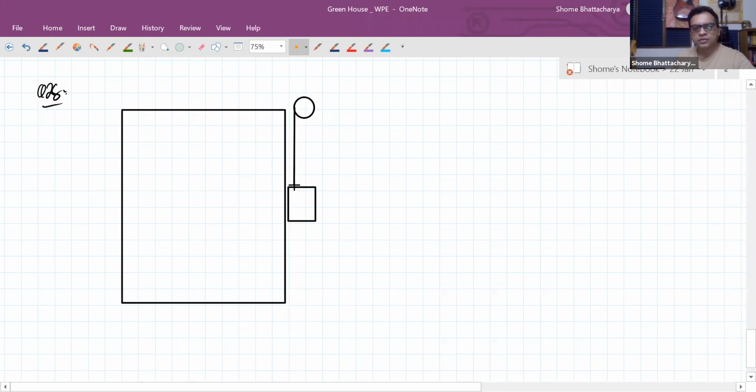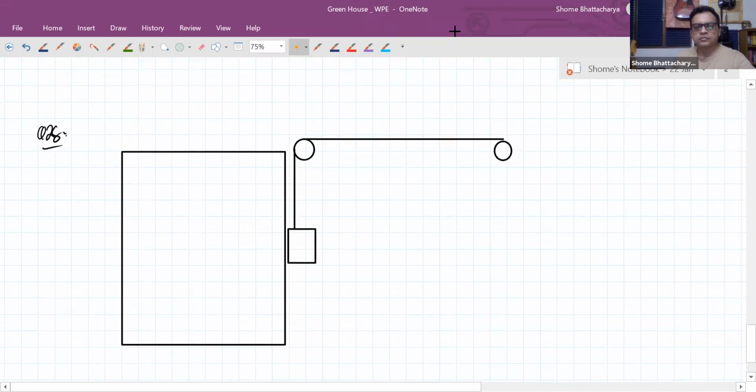So we have this entire system of pulleys and block kind of thing. So number of pulleys. Just a moment.